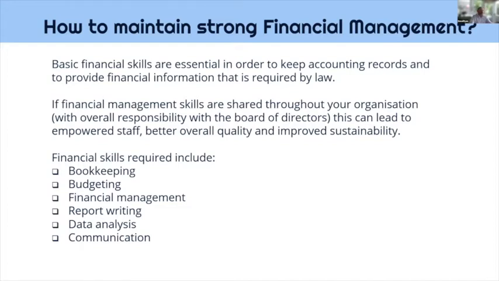So you're talking about basic bookkeeping, budgeting so that you can compare against budget, managing your finances and your cash flows, and making sure you have enough to pay your expenses as they fall due. Then producing reports and analyzing the information coming from those reports, extracting why variances are happening, and doing a forecast, if you want, to the end of the year, and then communicating that to all the various stakeholders, whether that's the board, funders, or other external stakeholders.